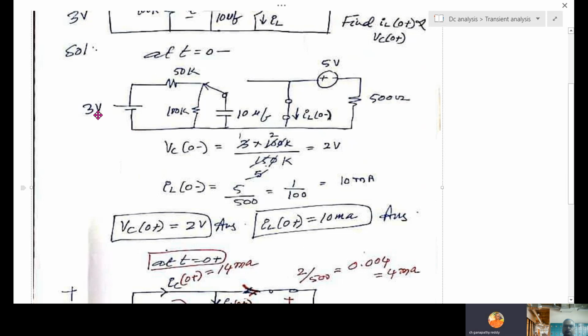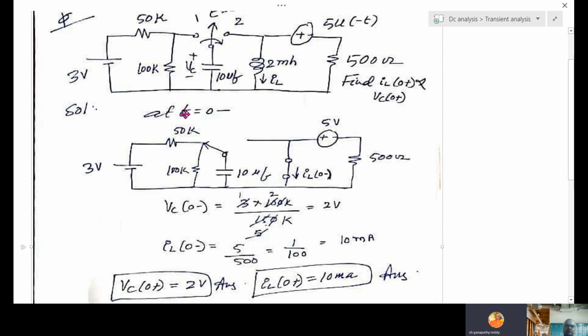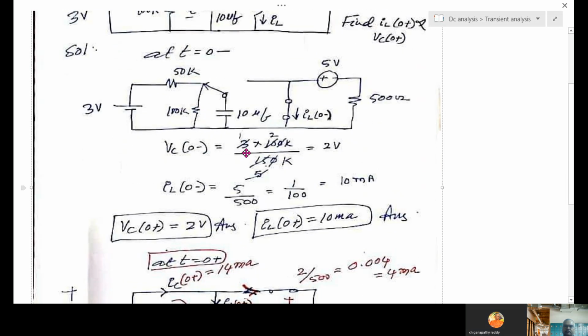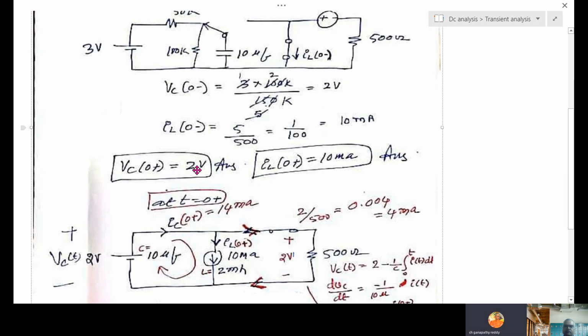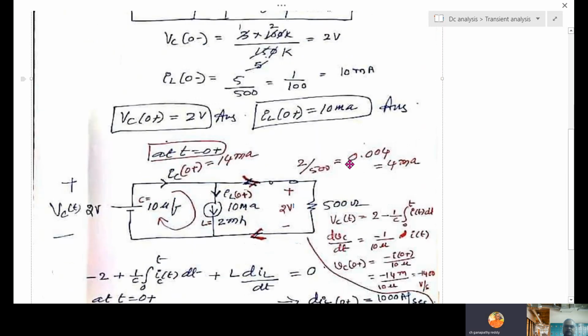It's 3 volts divided between 50k and 100k. Therefore 3 into 100k by 100 plus 50, 150, simplify, 2 volts. Then IL 0 minus is going like this, 5 by 500, that is 10 milliamps. VC0 plus same as VC0 minus, 2 volts. IL0 plus same as IL0 minus, 10 milliamps.